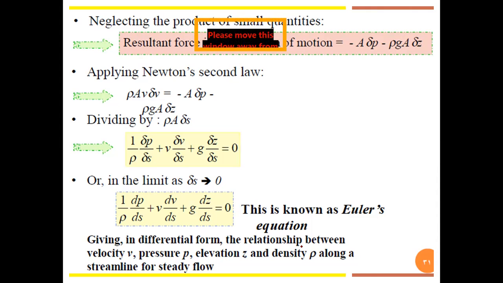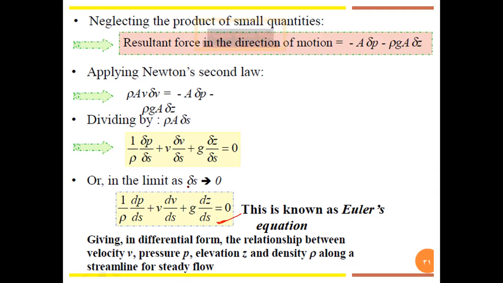In the limit where δS is taken as 0, we get 1 by ρ ∂P by ∂S plus V ∂V by ∂S plus g ∂Z by ∂S is equal to 0.